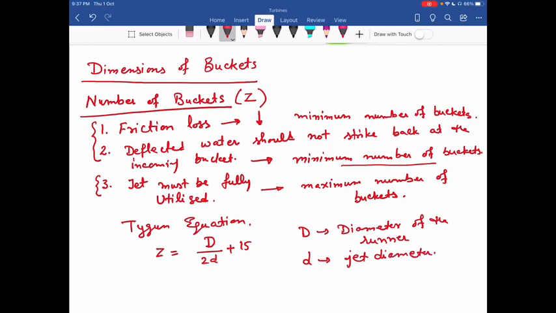So D divided by 2d plus 15 gives us the optimum number of buckets on the runner.